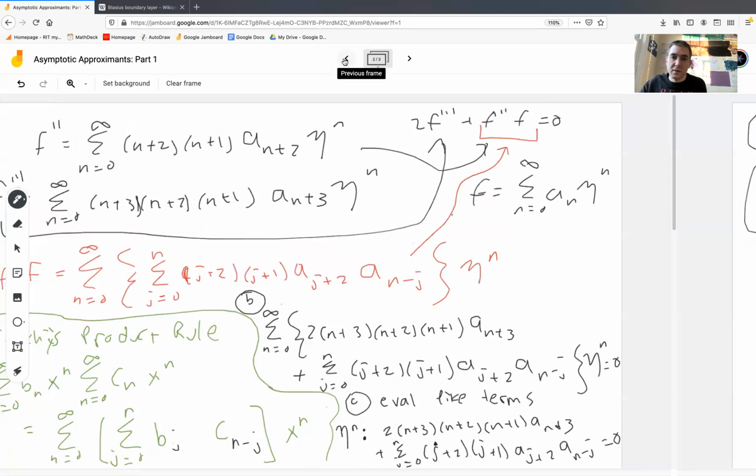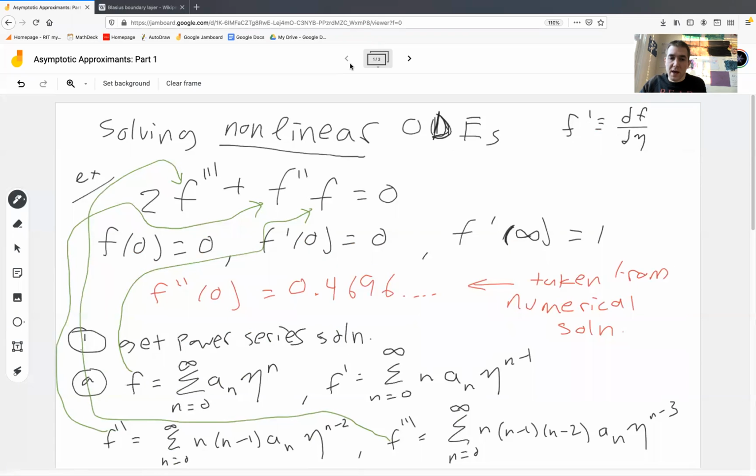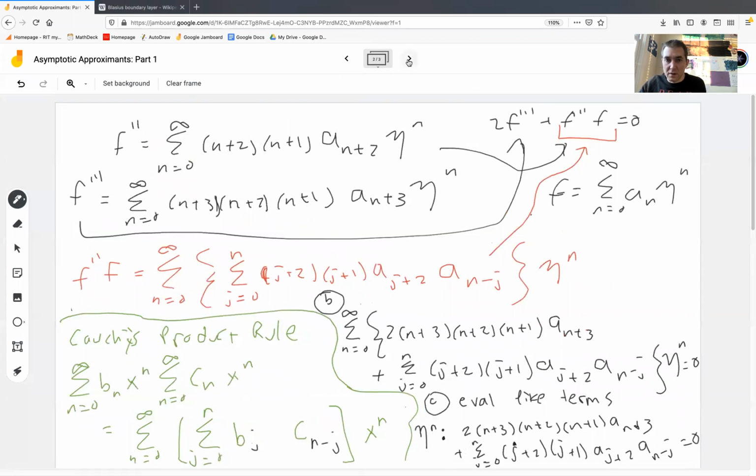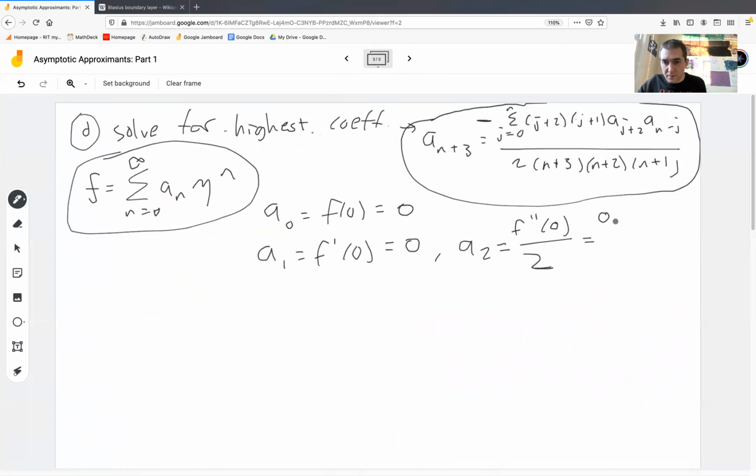So for us, that is 0.4696 over 2, approximately, because we stopped at the 4th digit, and presumably this is an irrational number.